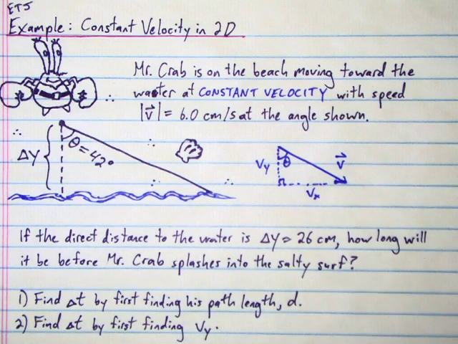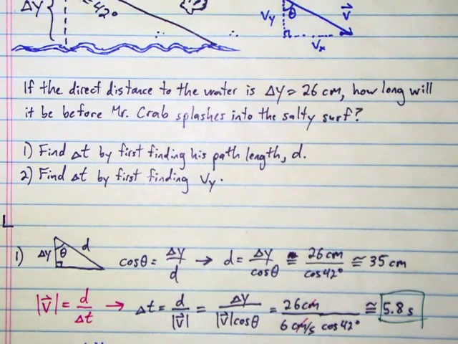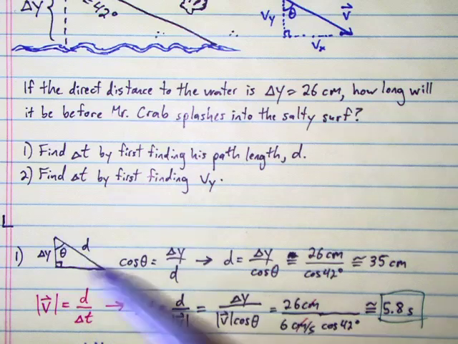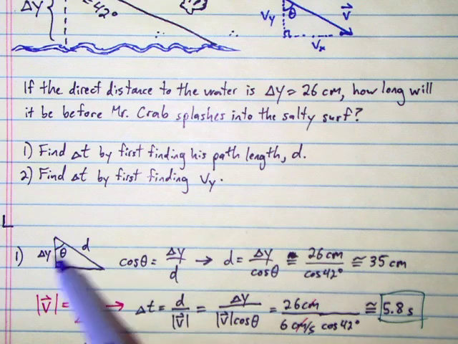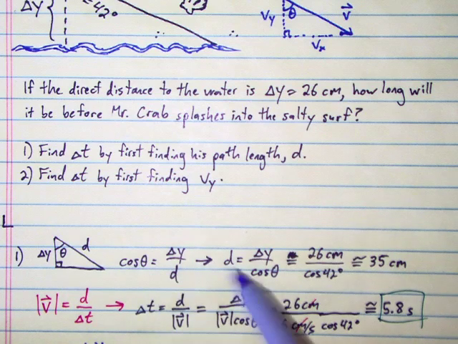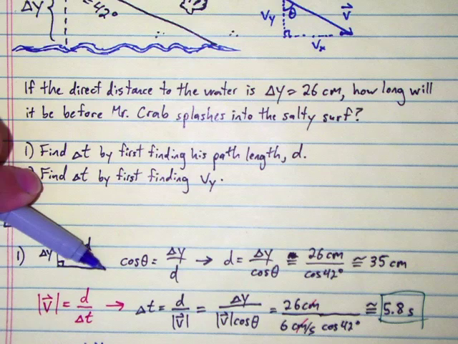Ready? Okay, first way. Just set up a little trig problem, draw your triangle, and to find the distance traveled here, cosine of that angle is delta y over d, so rearrange to d is delta y over cosine theta, comes out to be 35 centimeters, this path here.